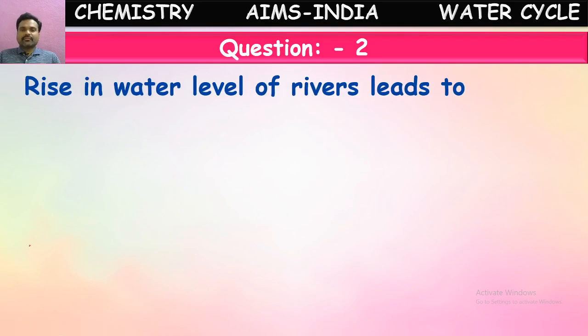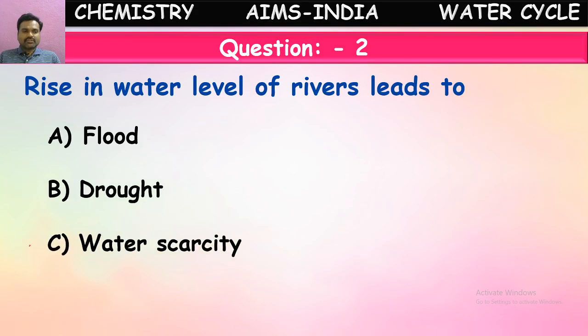Rising water level of rivers leads to what? What happens if the water level in the rivers and ponds increases? Then that will overflow. That overflowing of water from the water bodies is called, here the options are flood, drought, water scarcity, dry lands. What causes it?